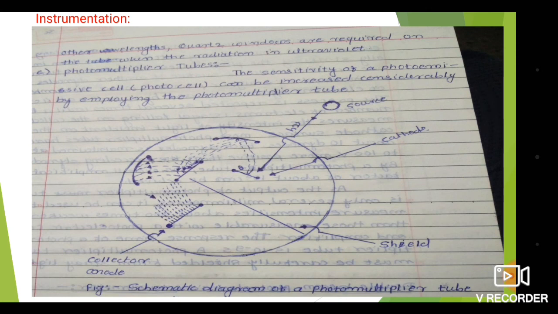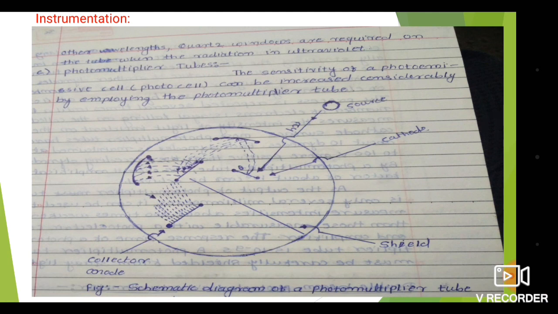These electrons in turn are accelerated to the surface of another dynode maintained at a higher potential, where the number of electrons is again increased by a factor of 4 or 5. The process is repeated several times until a large number of electrons fall on the collector, which measures the intensity of light incident on the cathode surface.